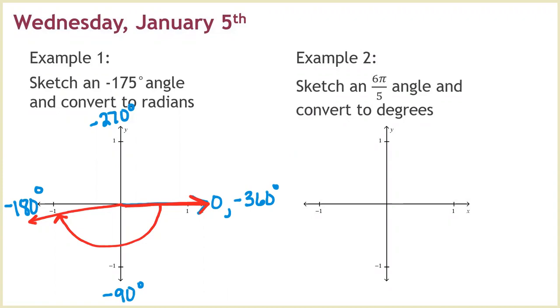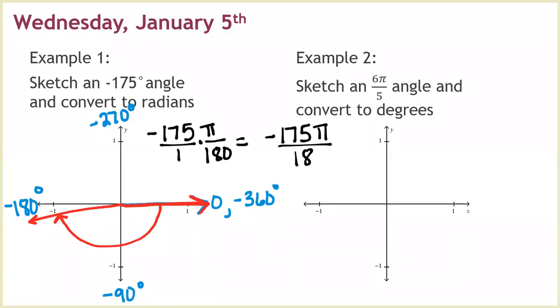So when you're converting to radians, and this is what we covered yesterday, you multiply it by pi over 180. So if I take negative 175 and I multiply that by pi over 180, I get negative 175 pi over 180. Reduce that fraction down.